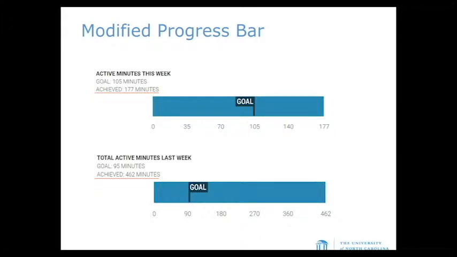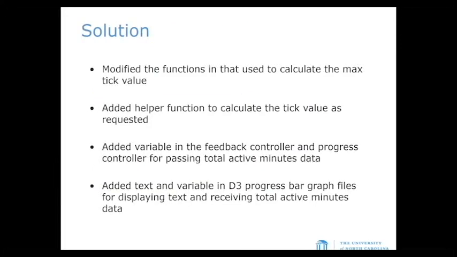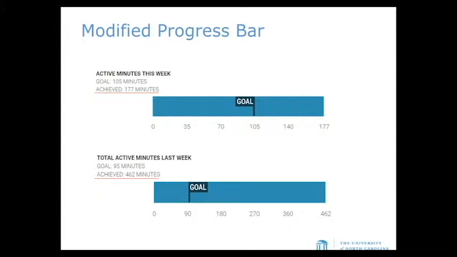So in the controller for this week, I have to add some variables in the controller to calculate the total active minutes for this week, and pass the total active minutes to this graph.